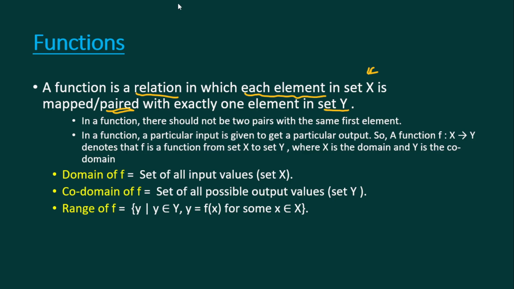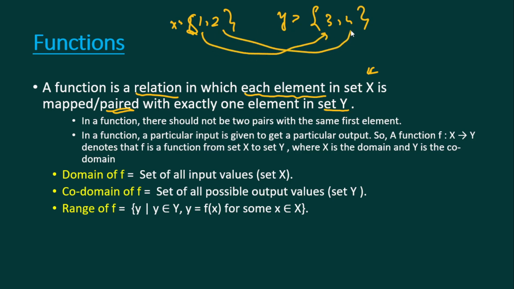So if we have 1, 2 in set x, and y is 3, 4, and every element of x is mapped to a single element in y, then we will say that that is a function. Every element of x should be mapped with exactly one element in set y.